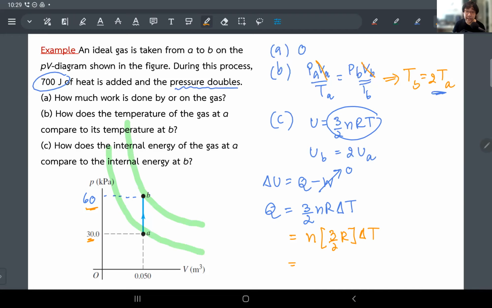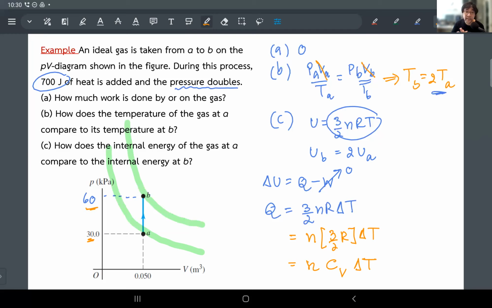We are interested in the number of moles, n. So it's n times the specific heat per mole. Instead of per kilogram, now it is per mole. We still call it specific heat anyway. So this is the molar specific heat at constant volume, and then you multiply by delta T. I hope this reminds you of things we have done in the past.